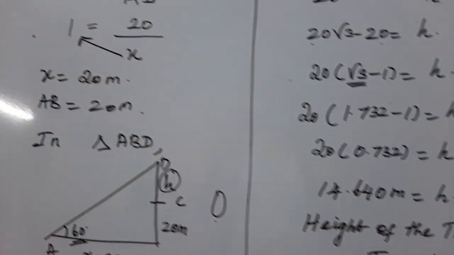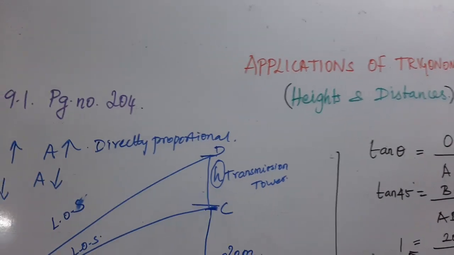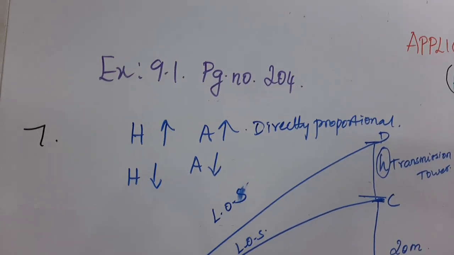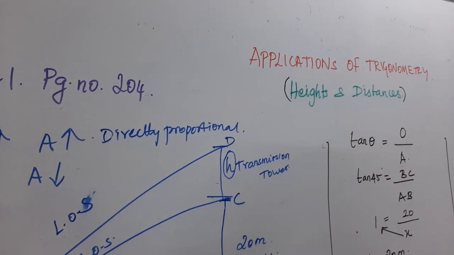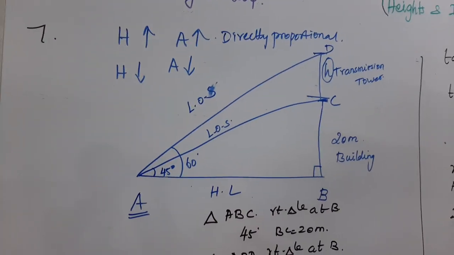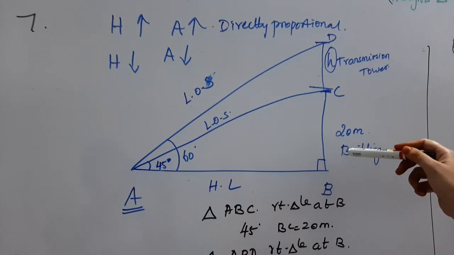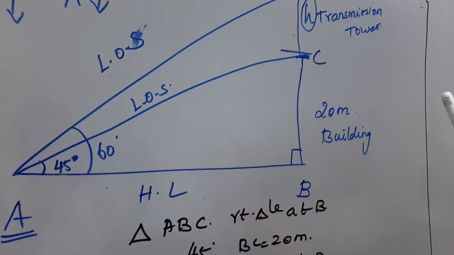So what did we do in the sum? To solve any sum in applications of trigonometry for calculating heights and distances, first we will draw the diagram, and in the diagram we will find out how many triangles are there. We will not consider all the triangles in this diagram. Here also we got 3 triangles, out of which the triangle DAC is not making 90 degrees. So we stopped.